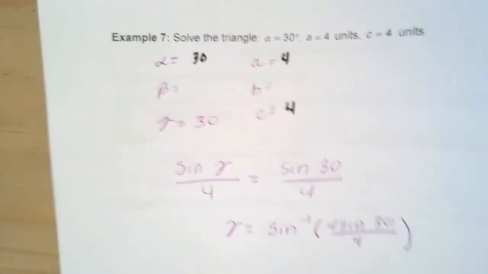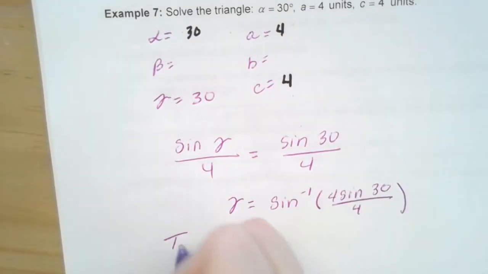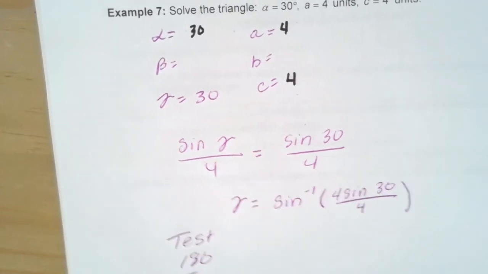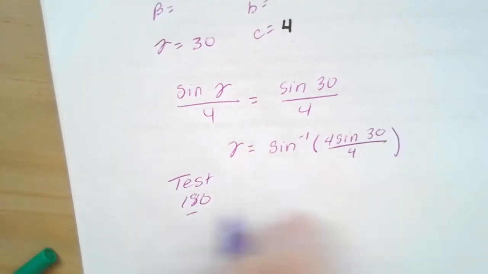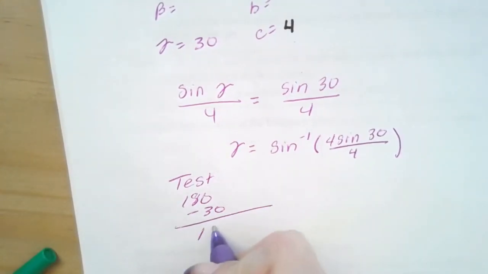Now, we still have angle side, so it means we have to do the test, guys. You only have to do the test when you have angle side. So let's do that test. We get 180 minus the angle found, which is 30. So we get 150.